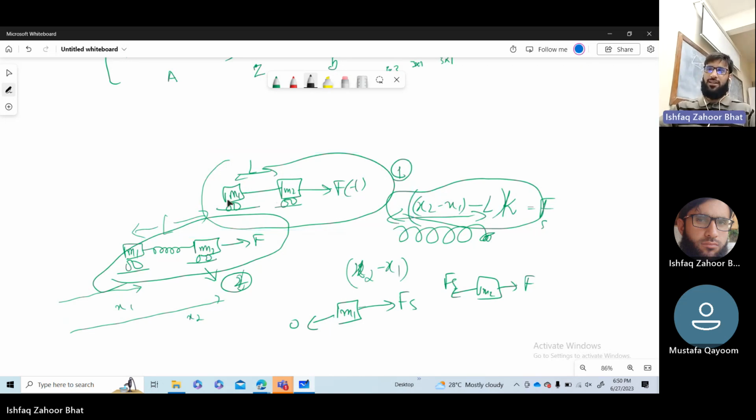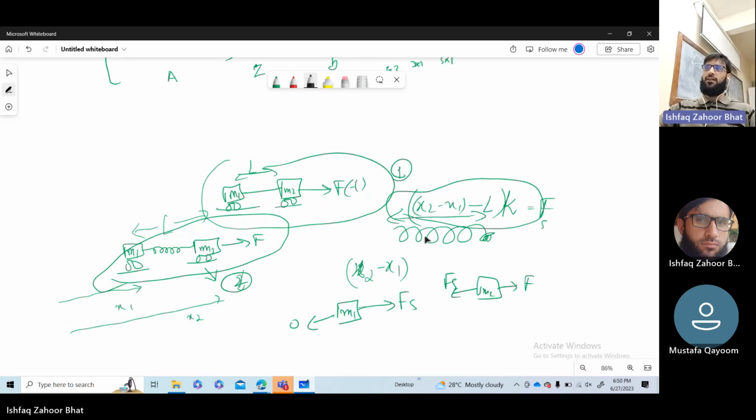The first problem is that the masses are separated by L length. And here you can see that when you apply the force, the length between the two masses changes. What is the length between the two masses? x2 minus x1, and it need not be equal to L. But I can approximate this to the first system.